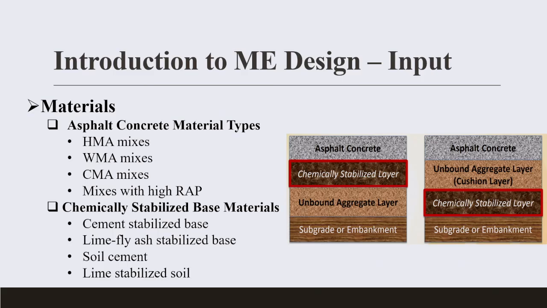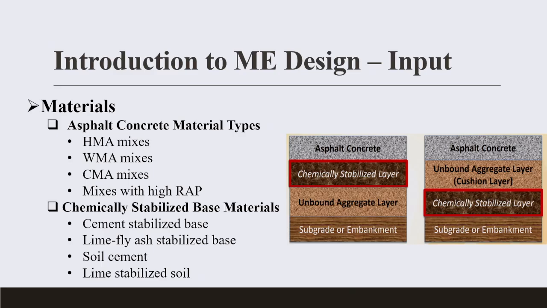Now there are so many different material combinations, and even with this, you can enter the actual property, your mix property that you are going to use for level 1.